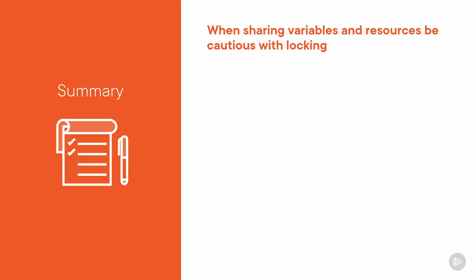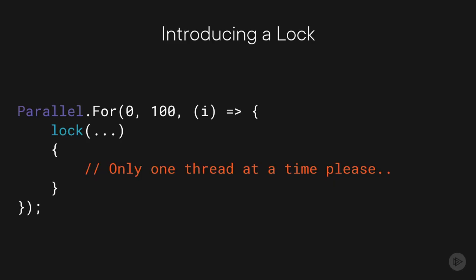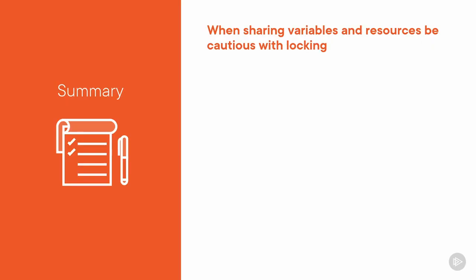You started off learning about sharing variables between parallel operations. This showed you that it's extremely important to be cautious when introducing a lock and a lock object. Sharing variables is often needed, but without the understanding of the problem a lock can introduce, it may become rather difficult.